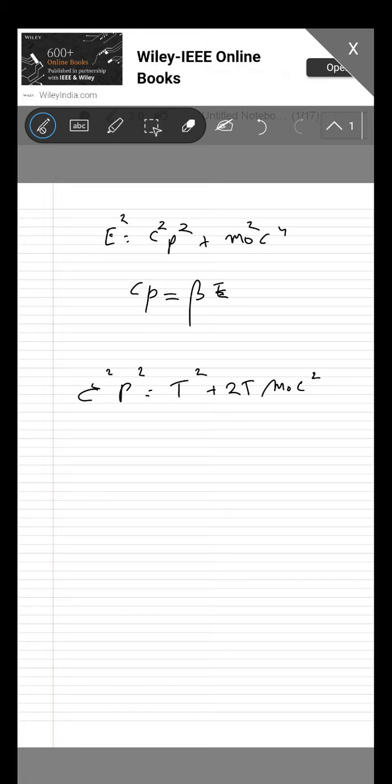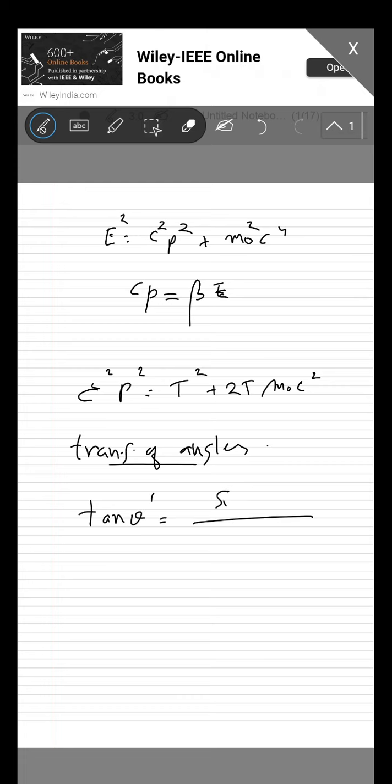The next is the transformation of angles. So tan theta dash is equal to sine theta divided by gamma into cos theta minus beta by beta0. This is the new angle. And this is theta dash in terms of theta.